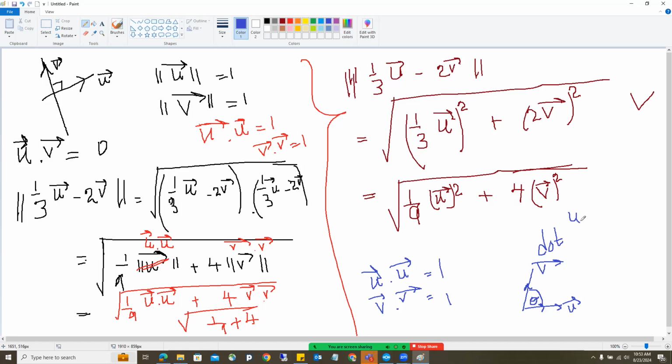Then we define this dot product as u dot v, which is equal to the magnitude of u times the magnitude of v times cos theta. That's how we define this dot product.